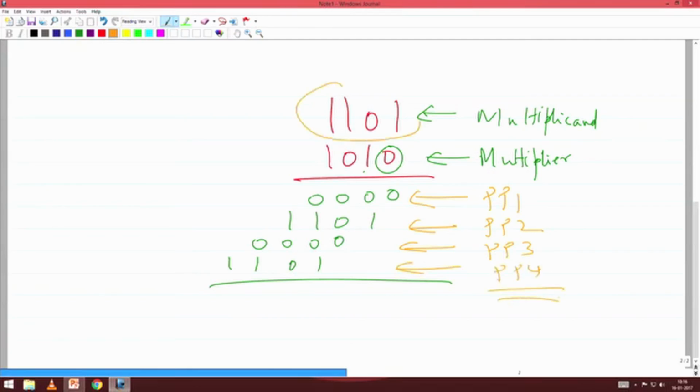If the multiplicand is n bits and your multiplier is m bits, we get m partial products, correct? We get m partial products, and with shifts, right? It will keep shifting, so the last one would be shifted by m bits. So this will be n plus m bits, because this is n bits, then n plus m minus 1 bits, n plus m minus 2 bits and so on.